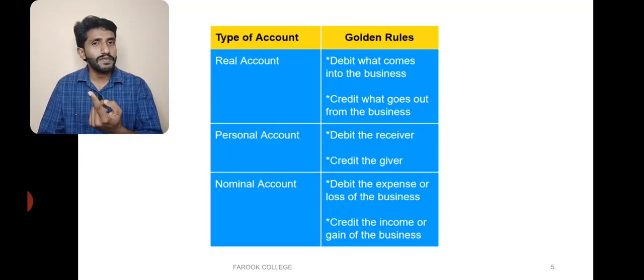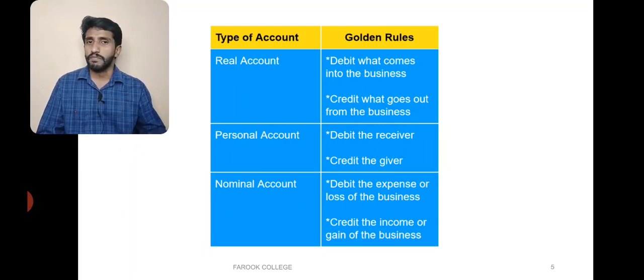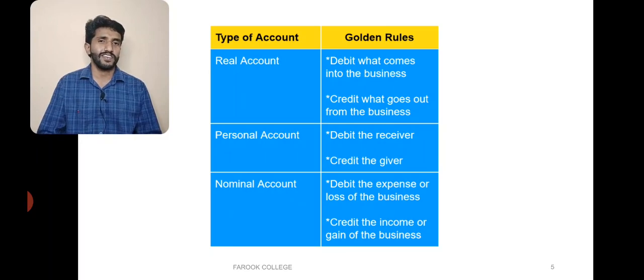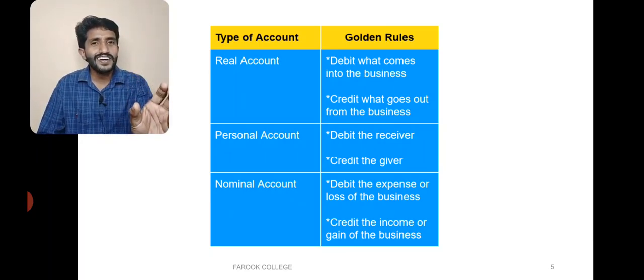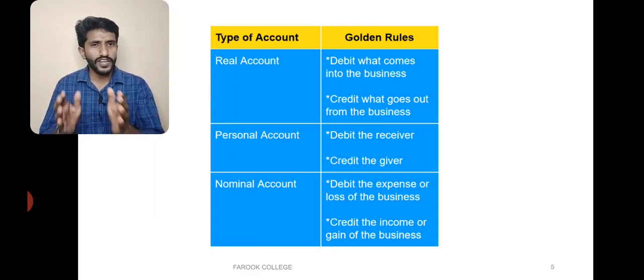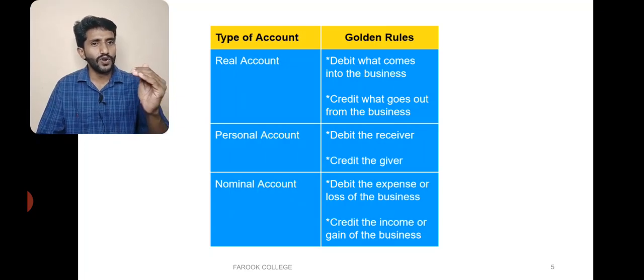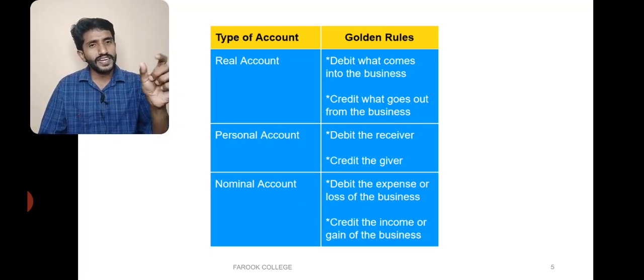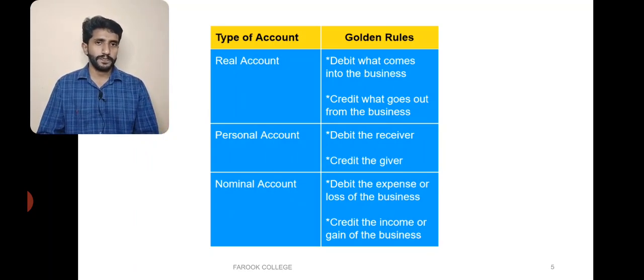If I am receiving the money, I am the debtor, so I debit the receiver. If I am giving the money, I am the creditor, and the credit will be recorded in my name. Credit the giver and debit the receiver. So these are the general rules, or the golden rule of accounting, according to the three accounts: real account, personal account, nominal account. According to this, credit and debit will be different.